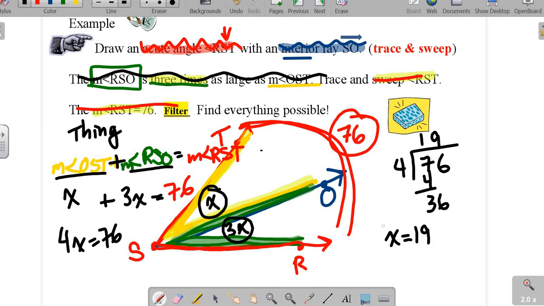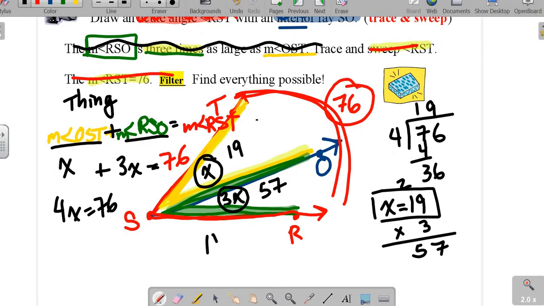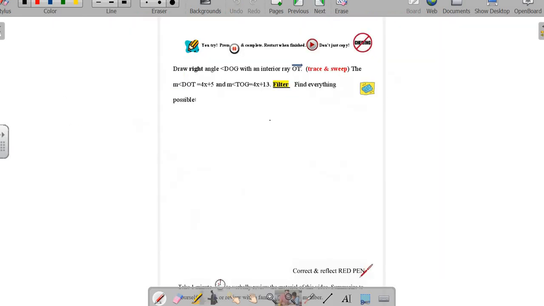This is not algebra class. You do not stop at finding X. Instead, we go over here. That's going to be 19. And times that by 3. Then you can do a check. 19 and 57 gets you the 76.